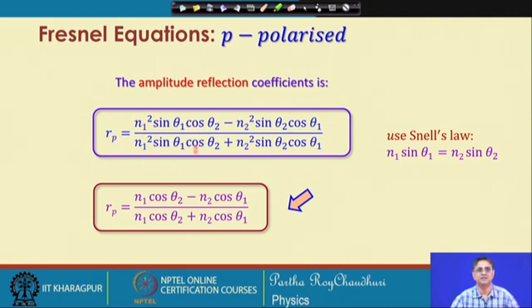As a result, you can write down this equation in this compact, reduced form: the amplitude reflection coefficient for the p polarized light can be written as N 1 cosine theta 2 minus N 2 cosine theta 1, divided by the sum of these two factors, N 1 cosine theta 2 plus N 2 cosine theta 1. And this equation is very often used for calculating the Fresnel reflection coefficient, energy reflection coefficient, etc.